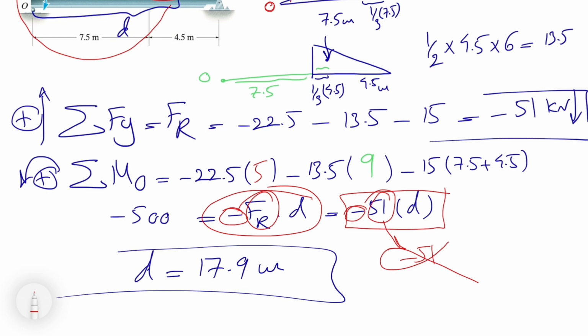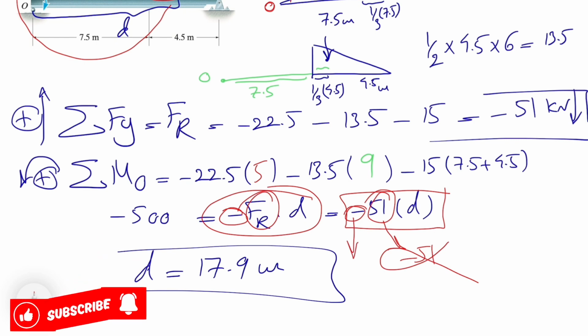We don't need to put another minus 51 here because that would mess up the answer. So we go with the direction of the moment and we just put the positive magnitude of force, and obviously the distance is always positive. Putting this negative sign here already includes the direction of the force, so we don't need to put another negative sign. And that would be the final answer for this question.